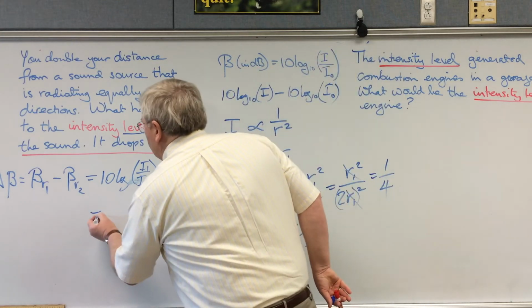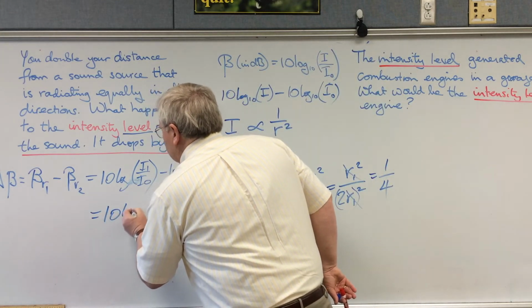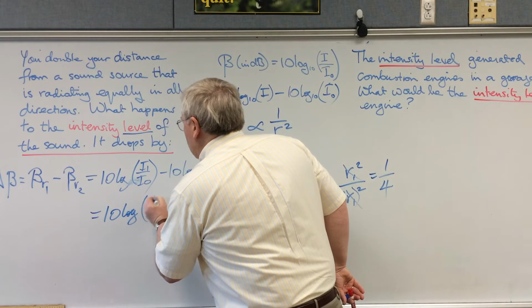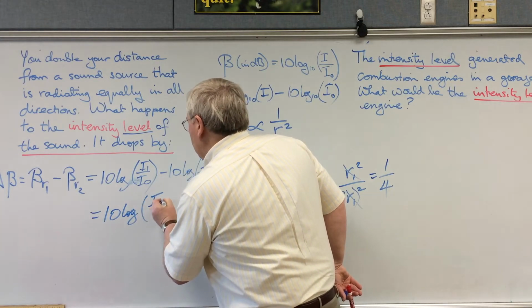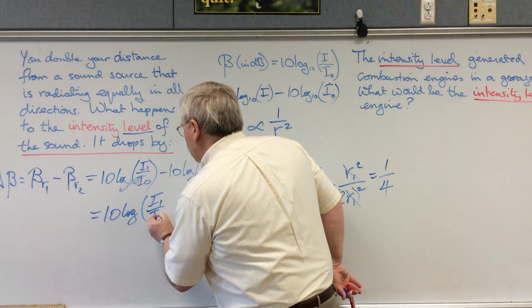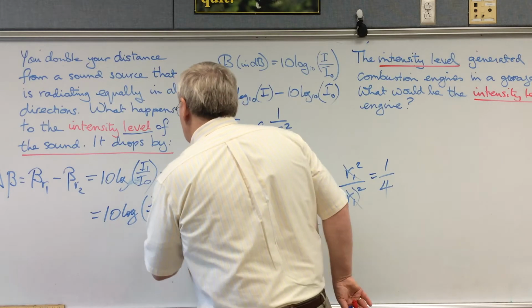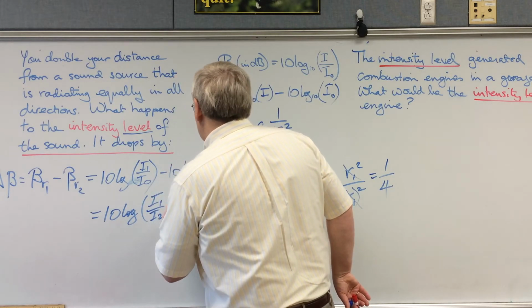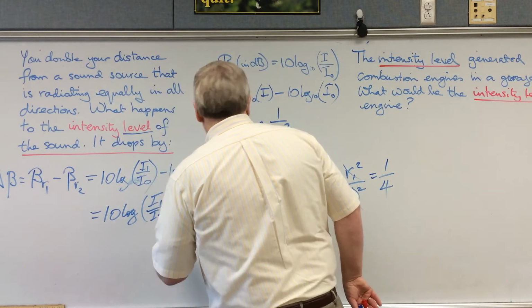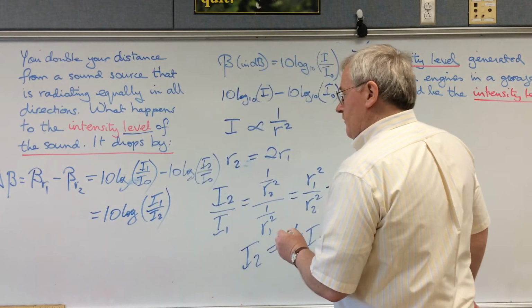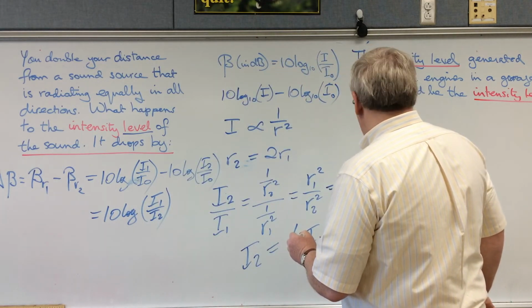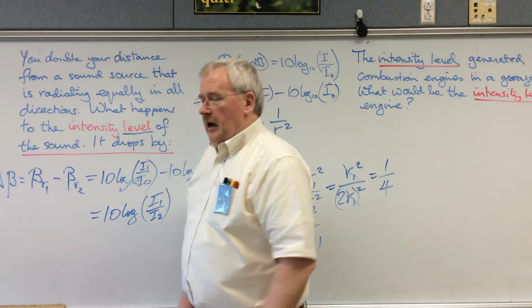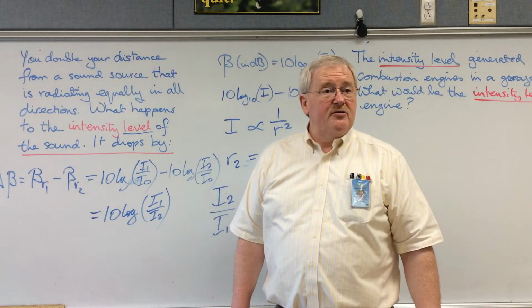And what I end up with, when I put it back together, is 10 log of I1 over I2. Is it I1 over I2? Yes, that would be true. And this is going to tell me how much it's dropped by.